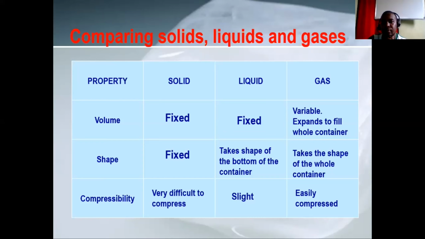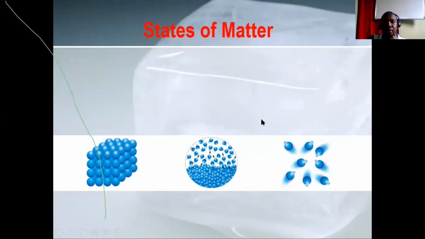The particles in solids are closer together, while the particles in gases are farther apart, causing them to be easy to move around. So we know that solids' particles, as we can see in this diagram here, have a very small space in between them, right? So in this case, the particles don't have enough space.